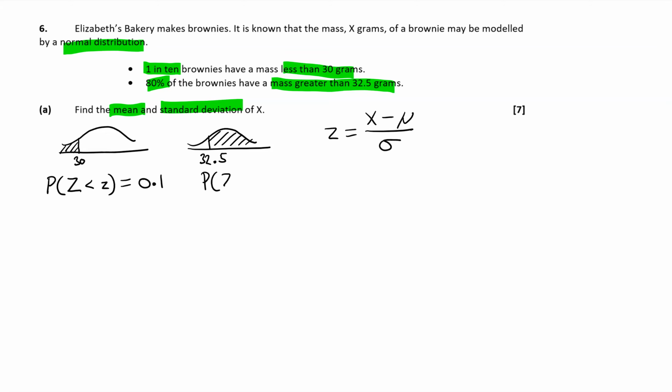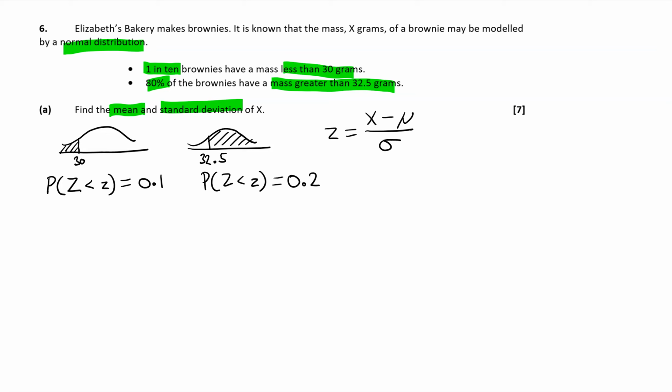And then similarly here, but instead of doing big Z is greater than little z equals 0.8, remember when I use inverse normal on my calculator, I need to consider the area to the left. Now I know in my classes before I've sometimes done Z and K here, because I know it can sometimes get confusing with the capital Z and the lowercase z, but I'm going to try and be consistent with what you might have done in other classes.